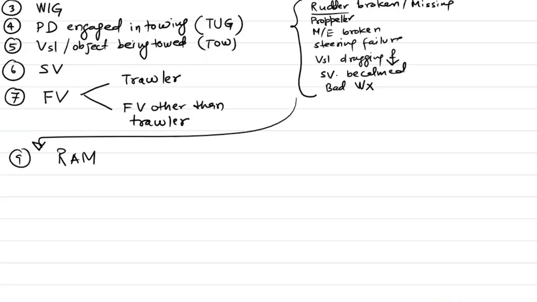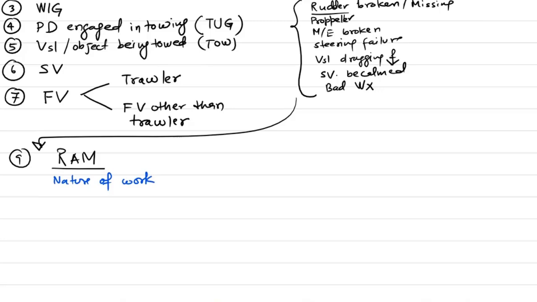The term vessel restricted in her ability to maneuver means a vessel which because of her nature of work is restricted in her ability to maneuver as required by these rules, and is therefore unable to keep out of the way of another vessel. Perfect. So here, what is the keyword? Nature of work. See, NUC is because of exceptional circumstance, and RAM is because of the nature of work.